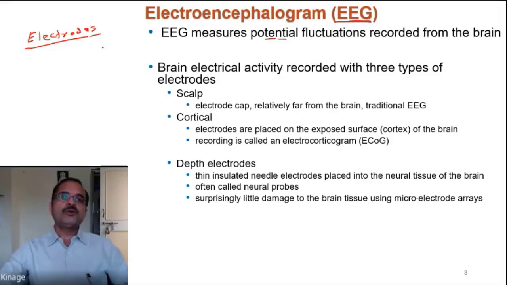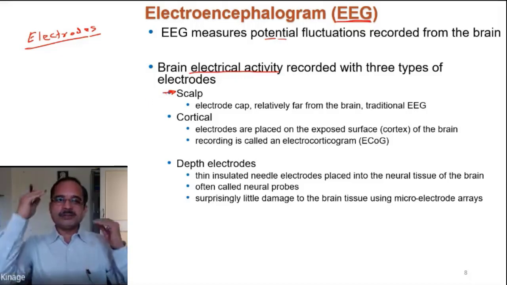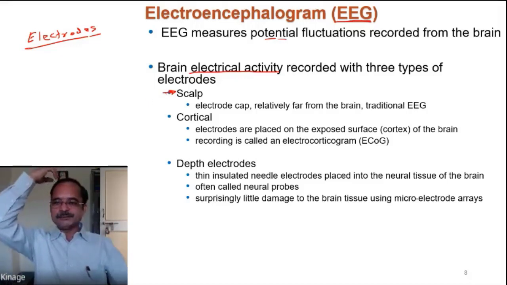Okay, now to measure this EEG signal, which is related to the electrical activity of the brain, three types of electrodes are used. First, scalp electrodes. These scalp electrodes are like surface electrodes, mounted on the outside of the head, that's why scalp.